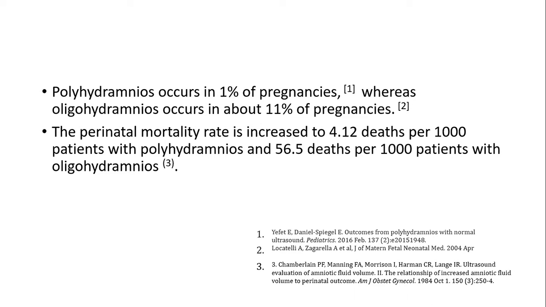The perinatal mortality rate is increased to 4 deaths per 1,000 patients with polyhydramnios and 56 deaths of babies per 1,000 patients with oligohydramnios. So oligohydramnios should be considered a more severe condition compared to polyhydramnios, and it is more often met.